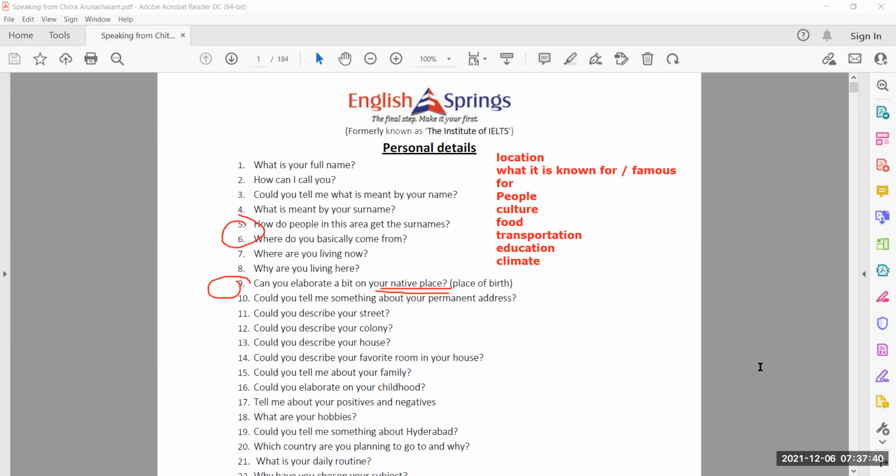My hometown is Karimnagar district, Akkanapet village. I had a lot of students from your place. Can you just tell me what kind of place it is, Praveen? At least 2 lines about it. Sorry, madam.